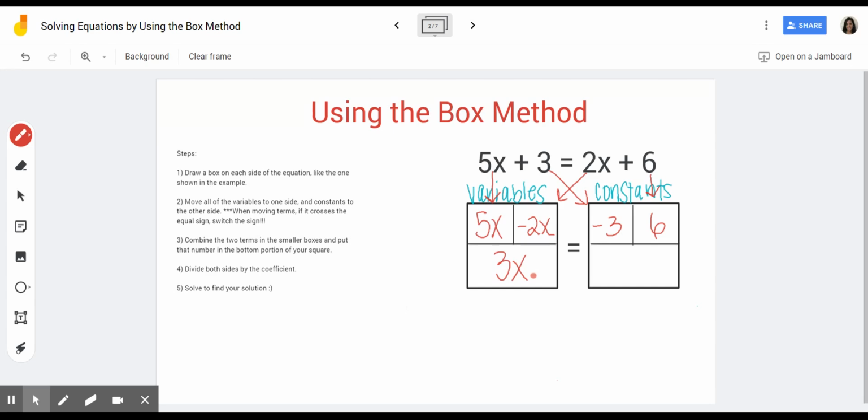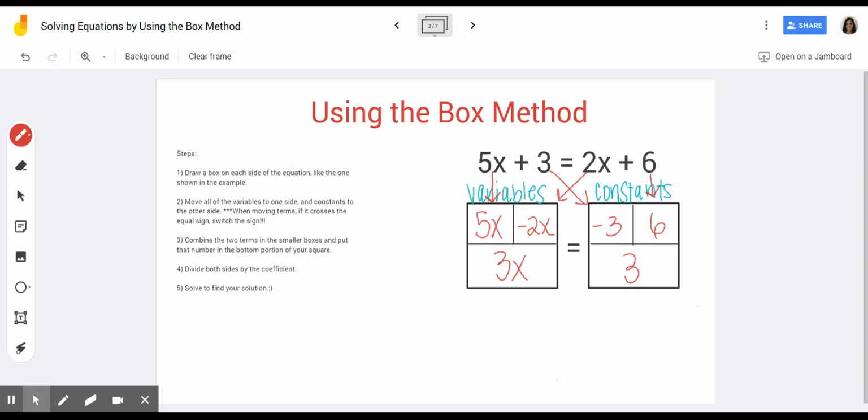So I would end up with 3x, and it's positive because 5 is the bigger number. Same thing on the other side. I have a negative 3 and a positive 6. Different signs mean subtract. So 6 minus 3 is 3, and again it is positive because 6 is the bigger number.